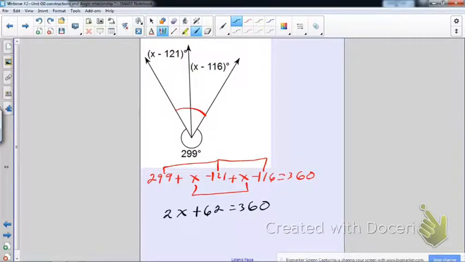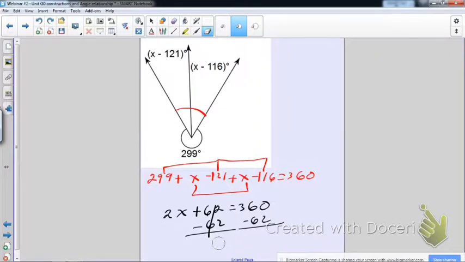This is a two-step equation where we use the subtraction property of equality, and we end up with 2x is equal to 360 minus 62, 298.